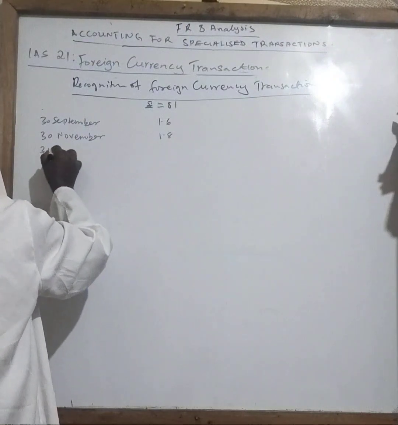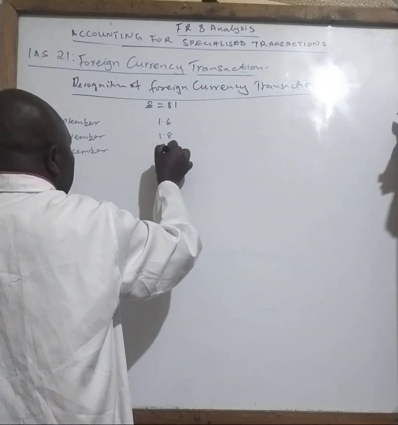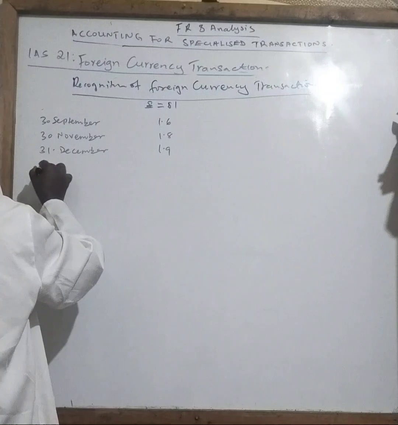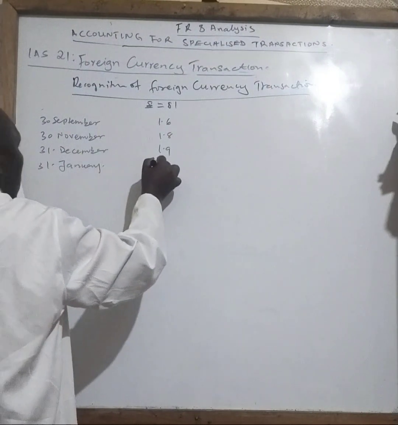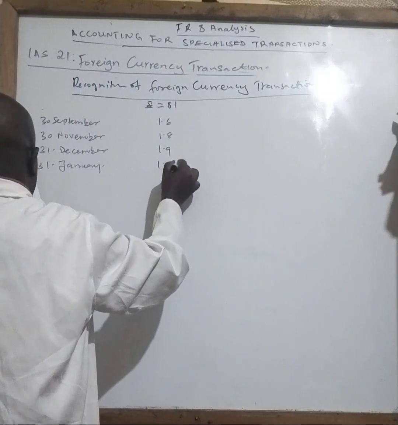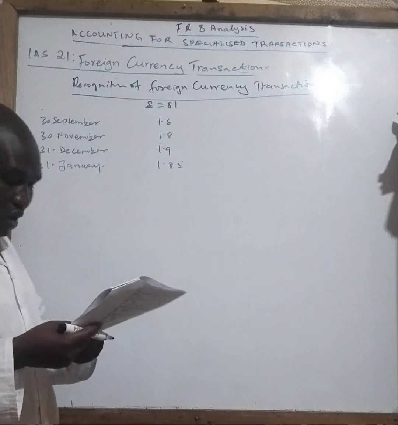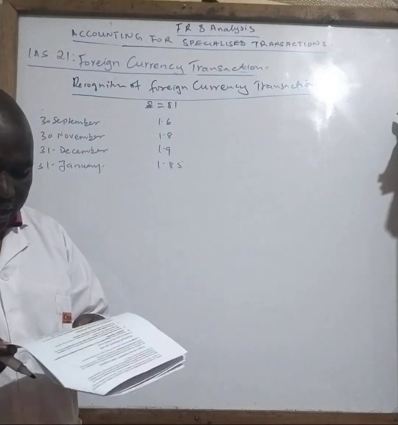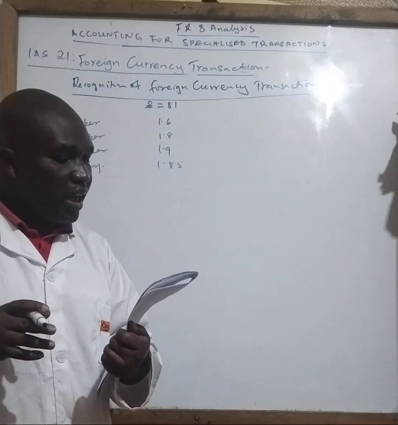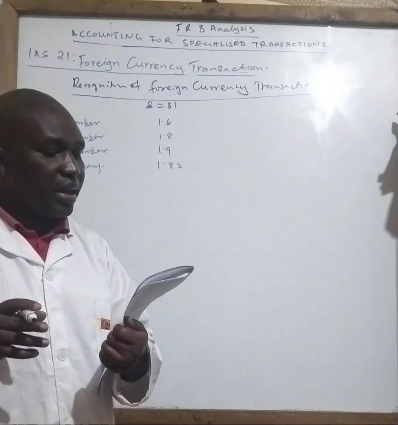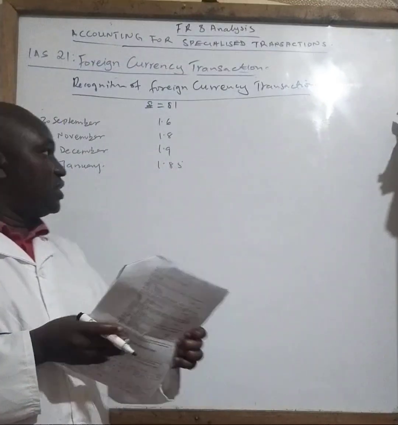Then we have 31st December, 1.9. And then we have 31st January, 1.85. These are the exchange rates that are given. So we have been told, let me read the question to the end, state the accounting entries in the books of White Cliffs Limited. They just want you to make the entries here.